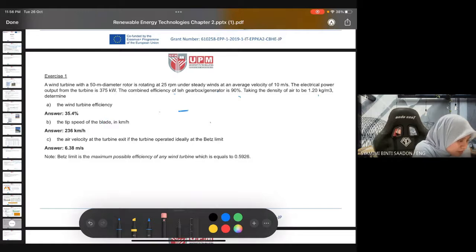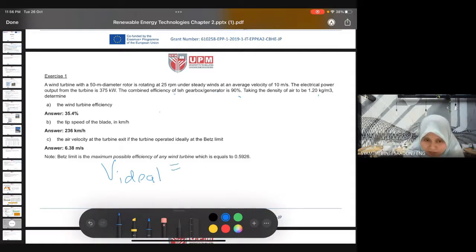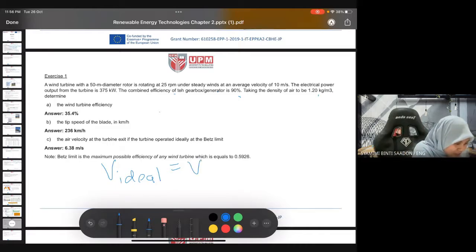This one is also easy. So you calculate the ideal velocity, the maximum possible velocity. It is written as V1 over V, the ideal wind turbine maximum.